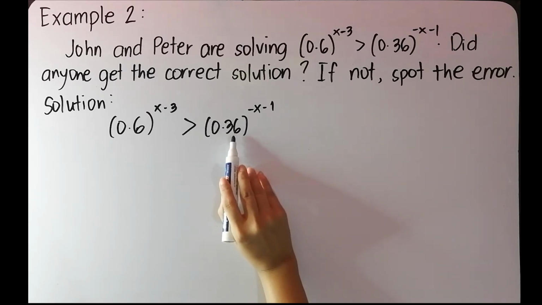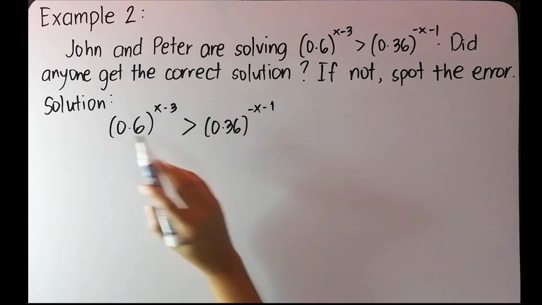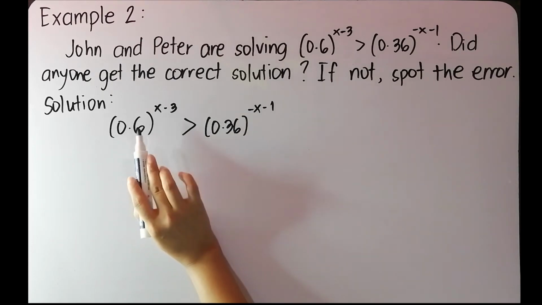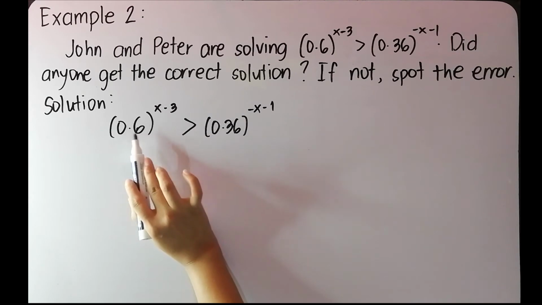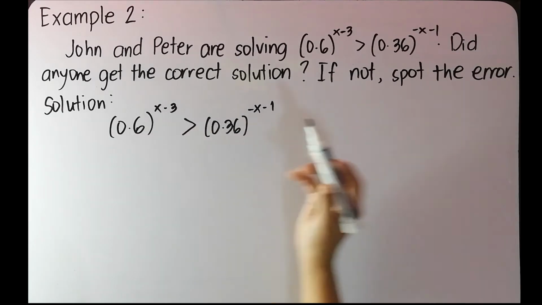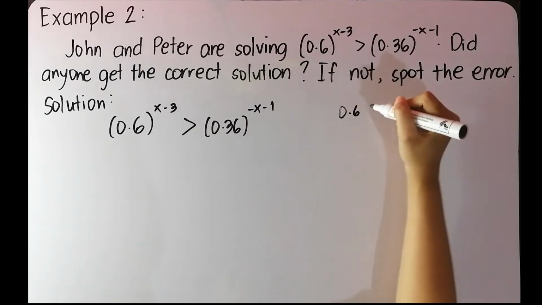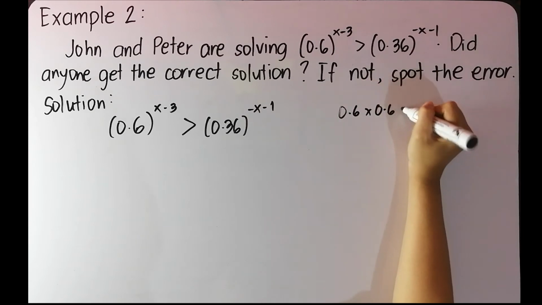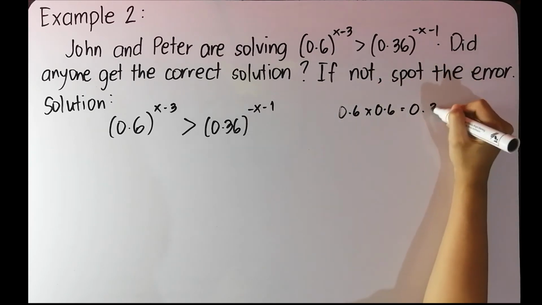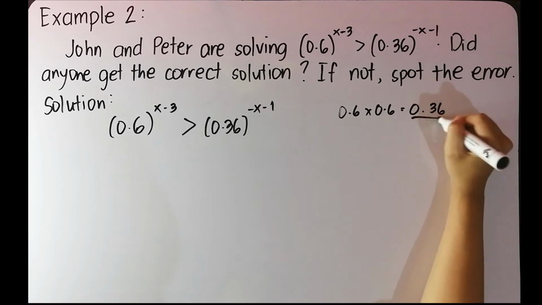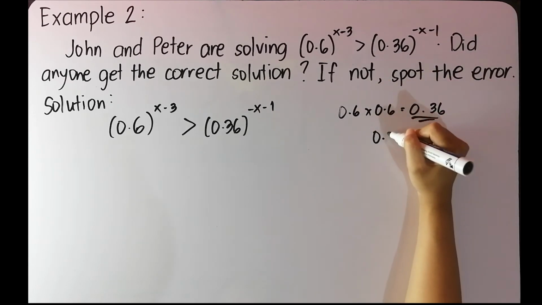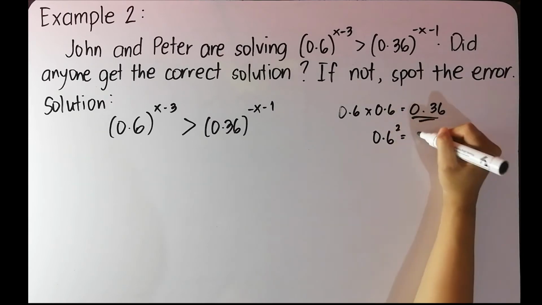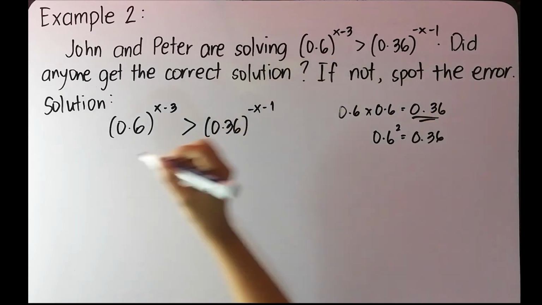If we multiply 0.6 by itself, 0.6 times 0.6 equals 0.36. Therefore, 0.6 squared equals 0.36.